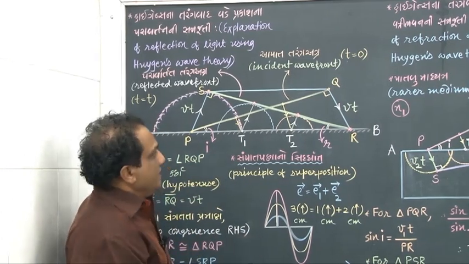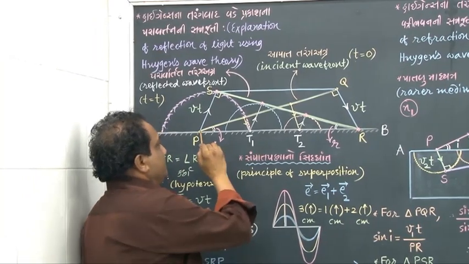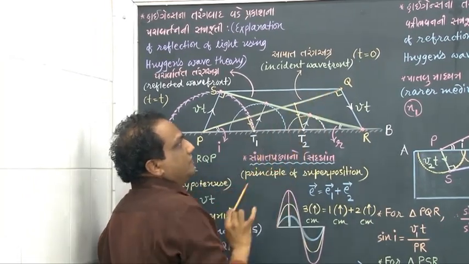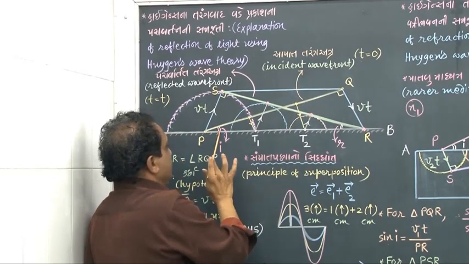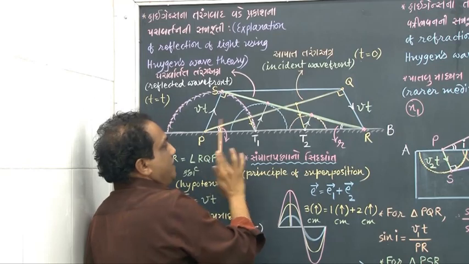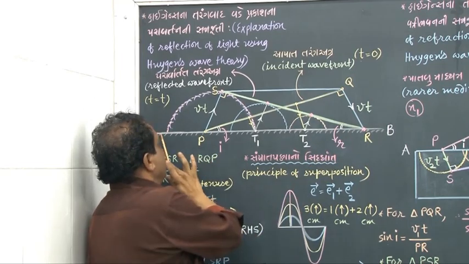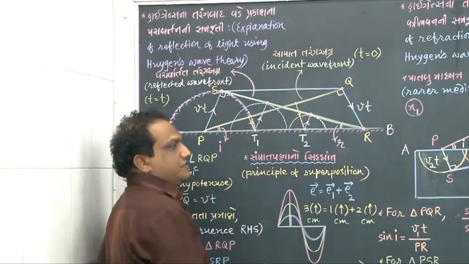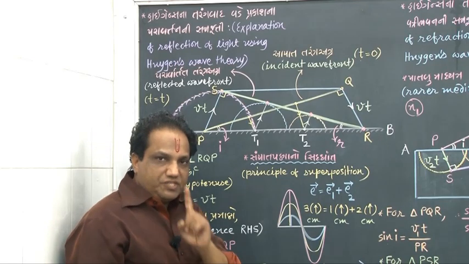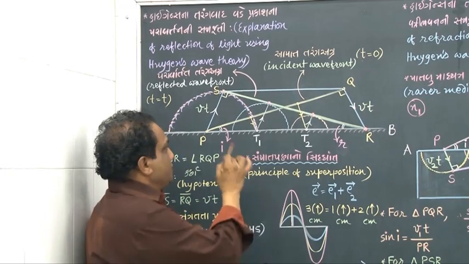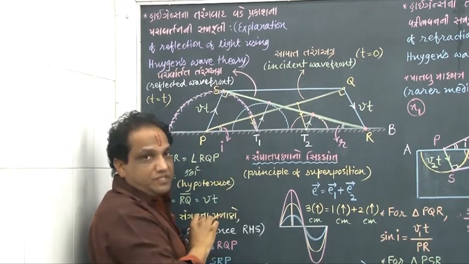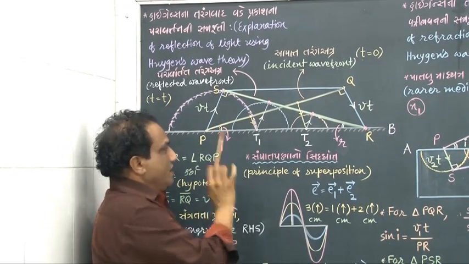Now tell me, this is the incident wavefront, which is a plane wavefront. It makes angle QPR with the reflecting face. The angle made by the incident wavefront with the reflecting face is known as the angle of incidence. Let it be small i.